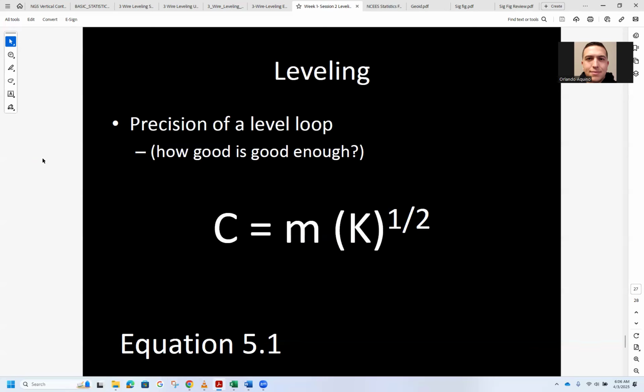So you take your M as a constant, you take your total line length, and then you can figure out your misclosure and see where you're at. But again, we use the other standard where we just take the number of setups times our constant of 0.03 or 0.02, and that's where we get our class review.